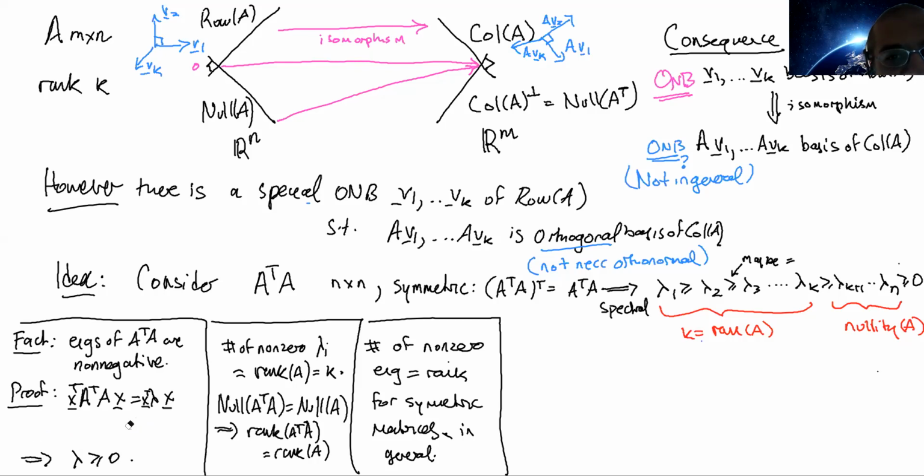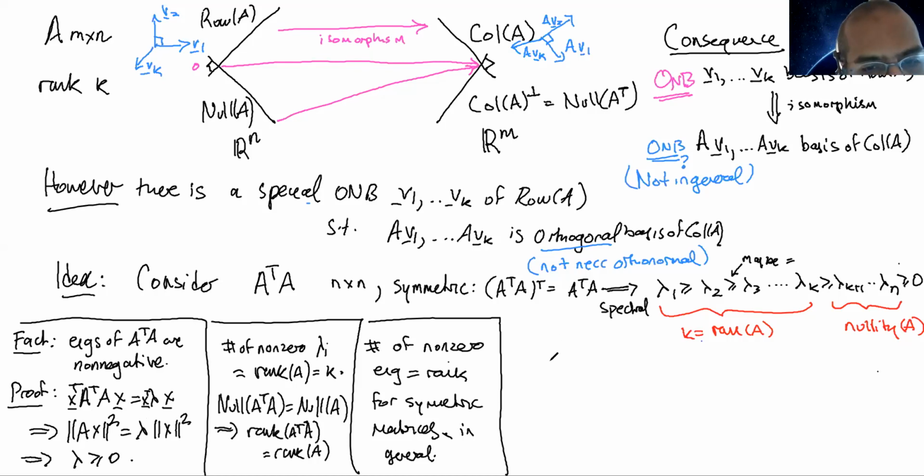The left-hand side is literally the norm of Ax squared because it's Ax transpose Ax. The right-hand side is lambda times the norm of x squared. Oh, okay. Okay, good. So now, what does that mean?